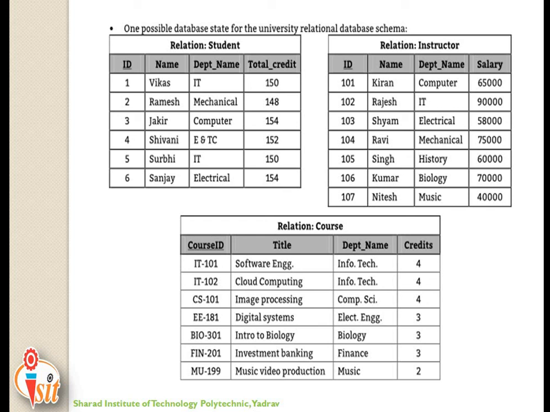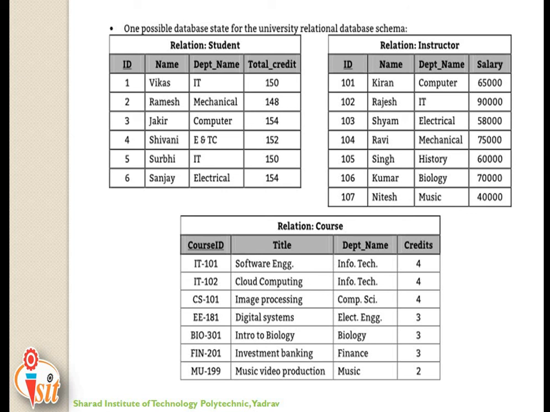Now the third table is the relation course, having schemas course ID, title, department name, and credits. Various course IDs will be there, like IT 101, IT 102, CS 101, electrical 181, bio 301, and so on.